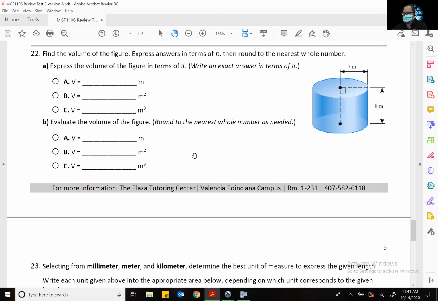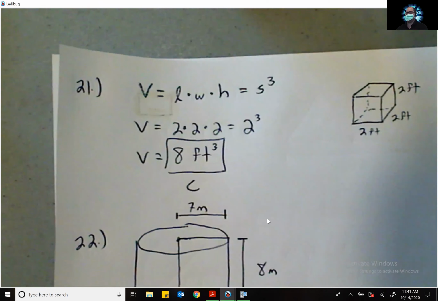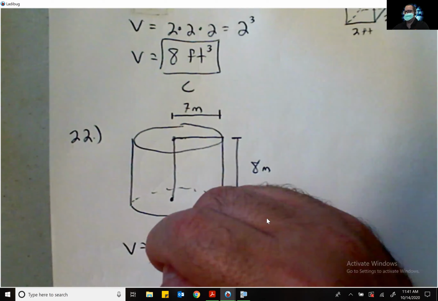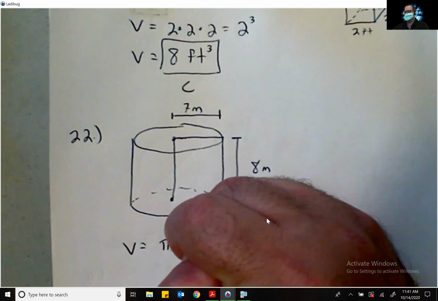From here to there, 7 meters. Okay. So what is the volume formula for a cylinder? I don't quite remember. Just refresh my memory. Okay. So the volume formula of a cylinder is pi r squared h.